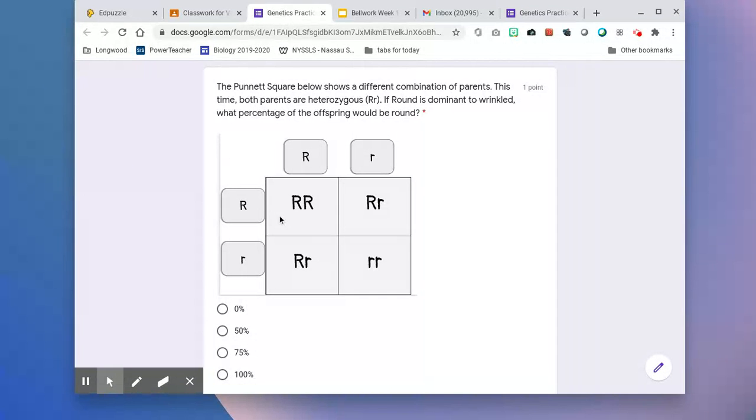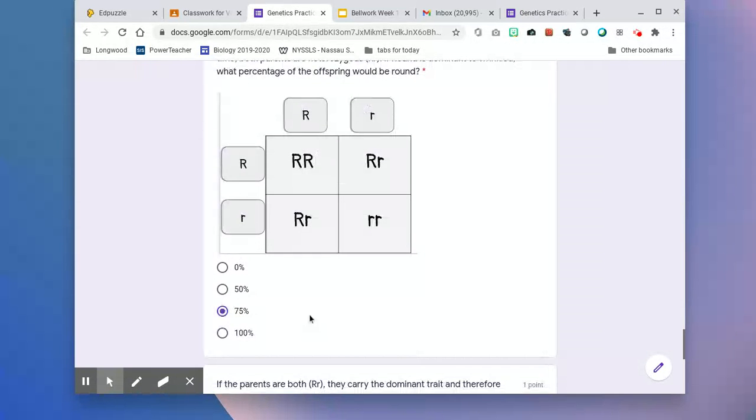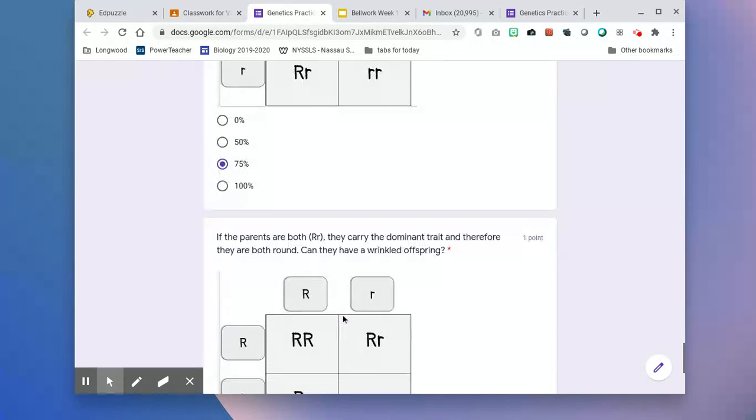So if I want to know the percentage that are round, I have to look at the phenotype. This is dominant, it's going to be round. It has a dominant, it's going to be round. Has a dominant, it's going to be round. Has no dominant, 2 recessive, it's going to be wrinkled. 25 plus 25 plus 25 is 75% round.